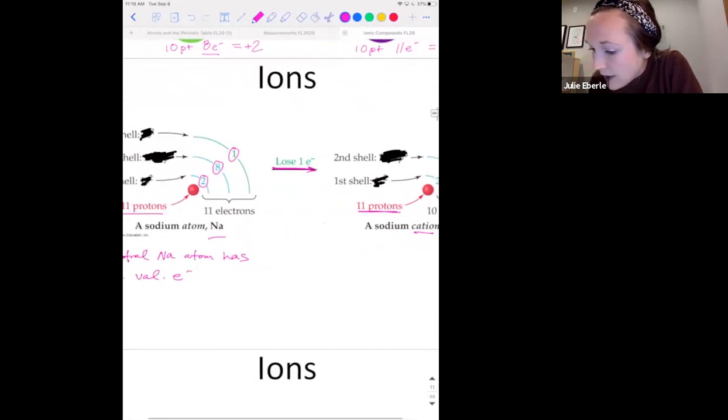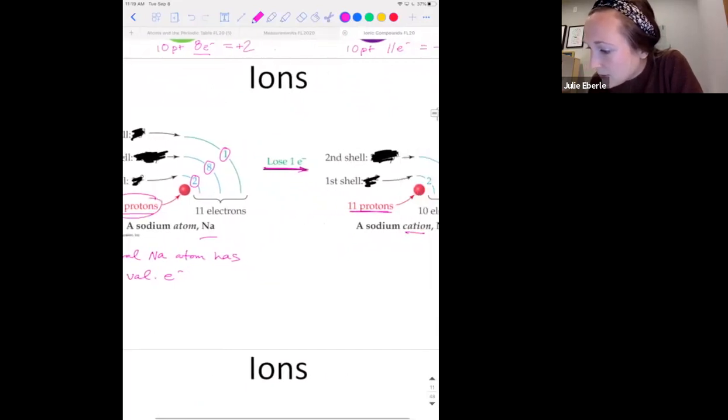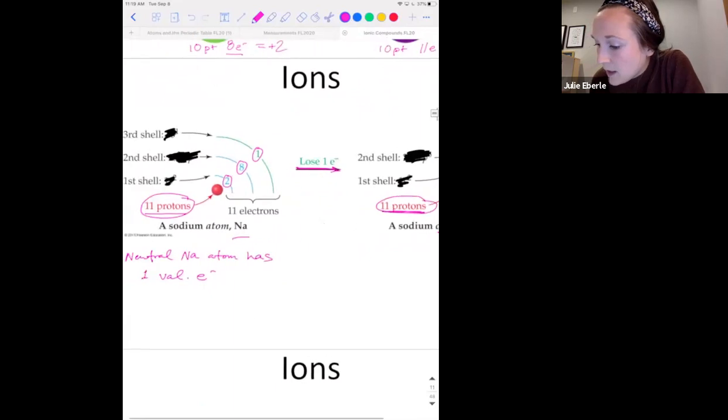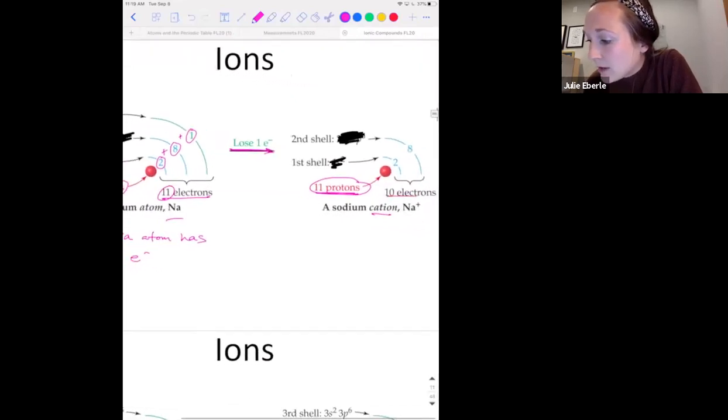It was 11 starting out over here. We still have 11 over here. Looking at the neutral atom, we had 11 electrons. And how did we count that? We added up 2 plus 8 plus 1, the total number of electrons in sodium, and that was 11. But when we give 1 away, now we only have 10, okay?